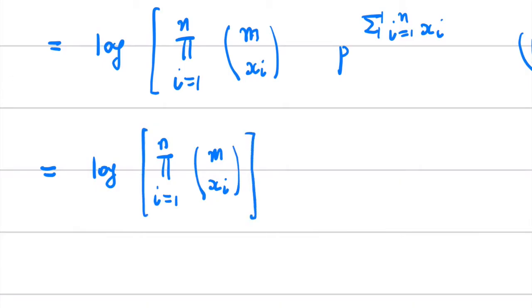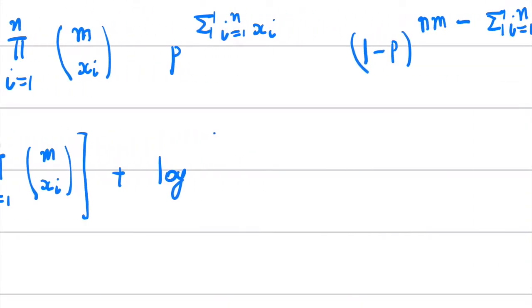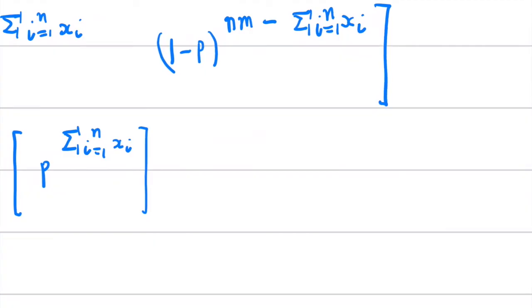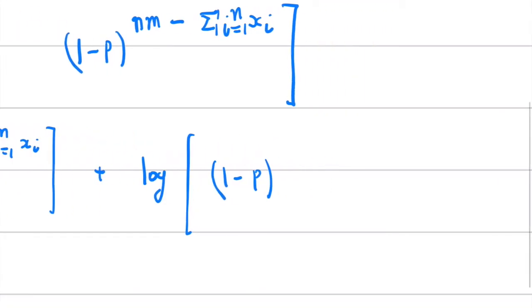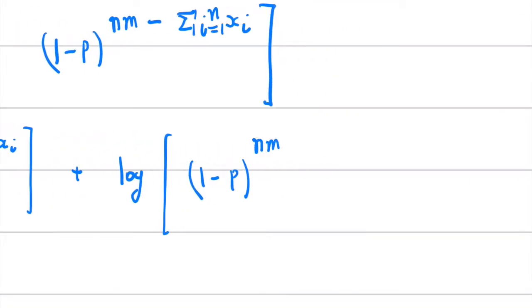That's our first expression, plus log of p to the sum i equals 1 to n of xi's, and then our final term here is log of 1 minus p to the power of n m minus the sum i equals 1 to n of xi.